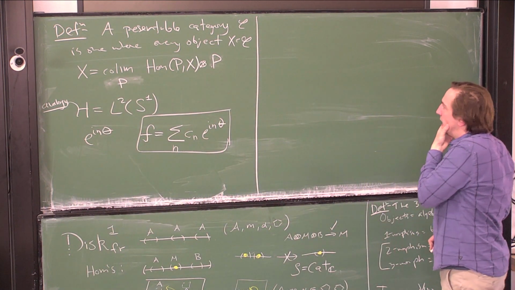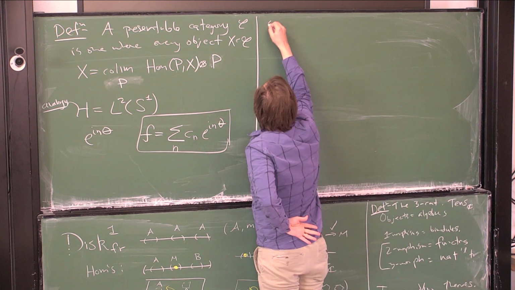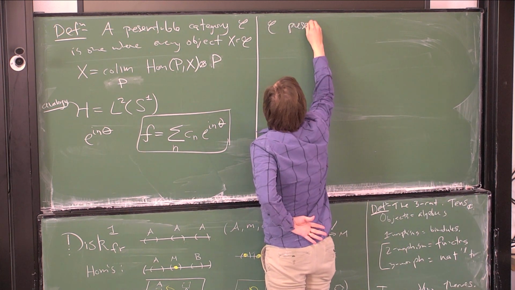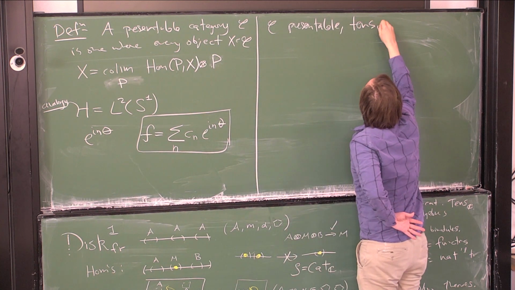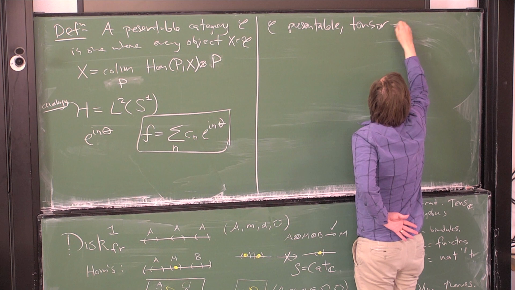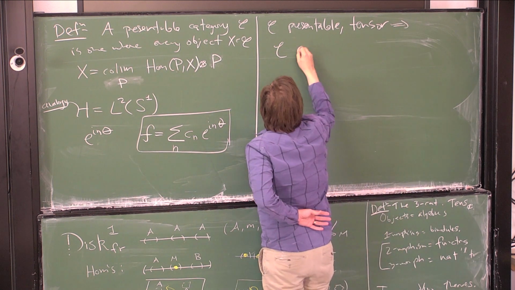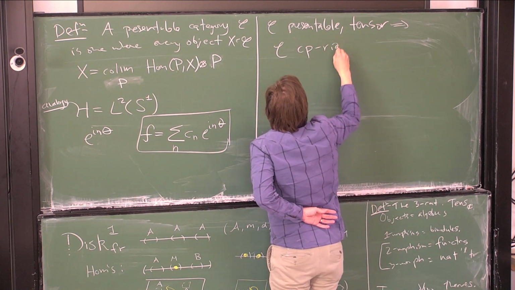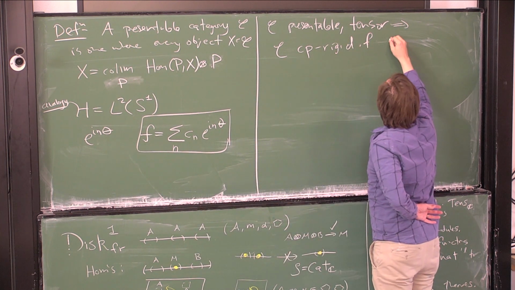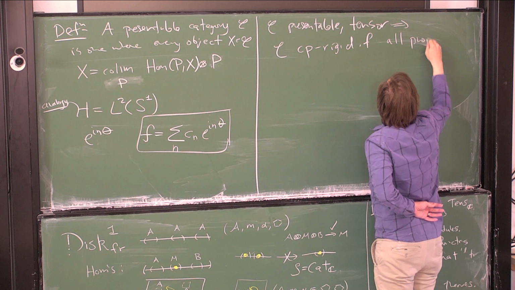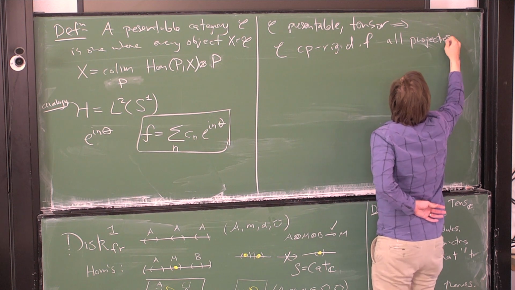And then if C is presentable and tensor, then you say that C is CP rigid if for instance all projectives have duals.